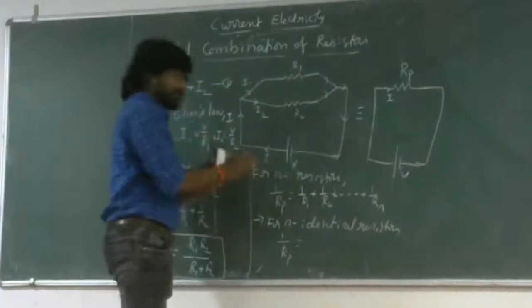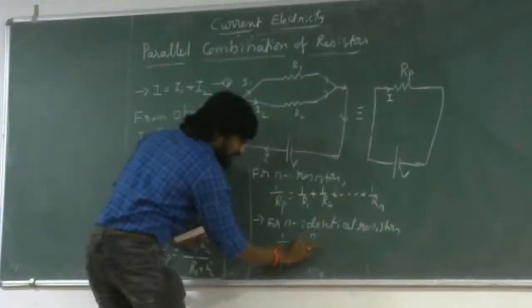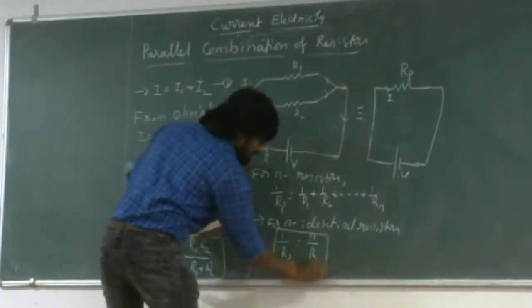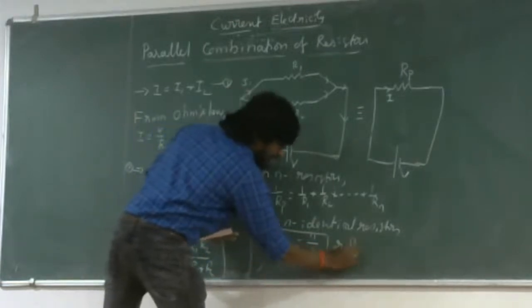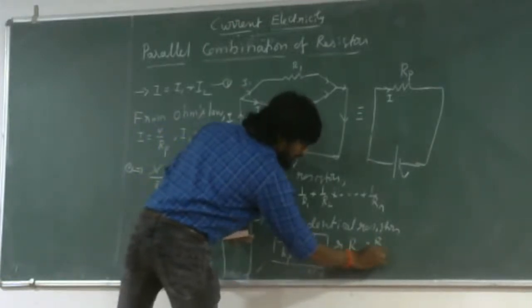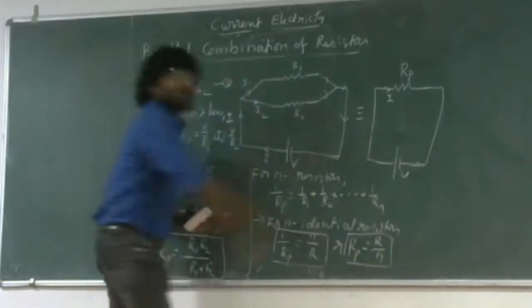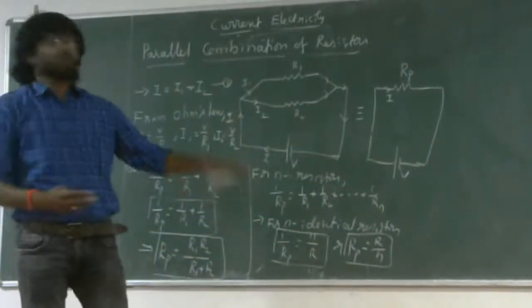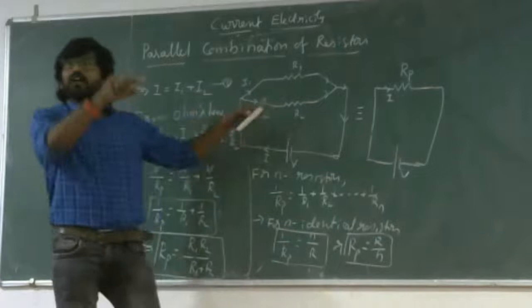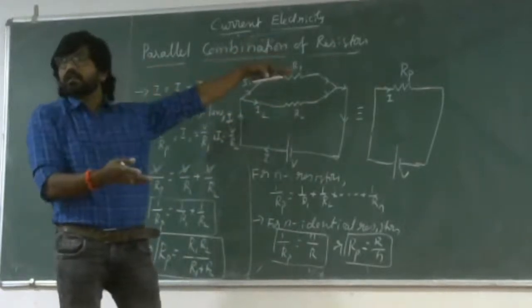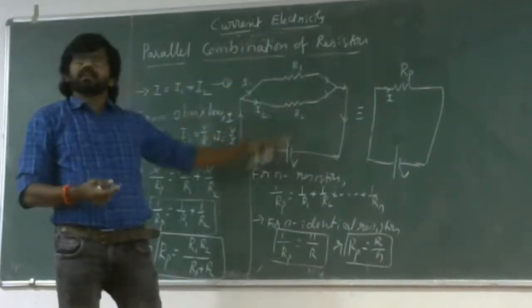N times. So 1 by R into N, or N by R. 1 by Rp is equal to N by R, or Rp is equal to R by N. If two identical resistors are there, then R by 2; for 3, R by 3; for 10, R by 10, like that.